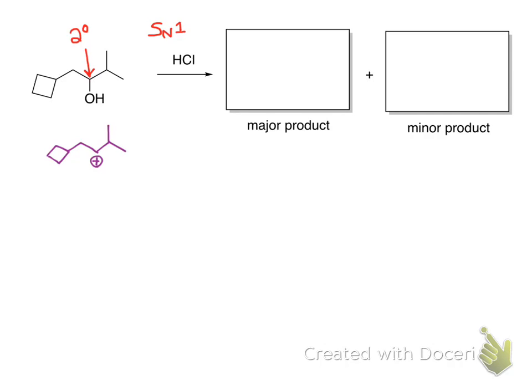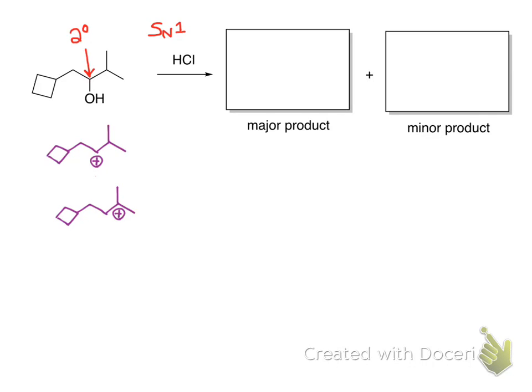Here's what the initial carbocation intermediate would look like when the water leaves. But hark! What's this? Adjacent to the secondary carbocation is a tertiary carbon. That means this is a candidate for a hydride shift. Let's draw that intermediate too. Okay, there we have it.